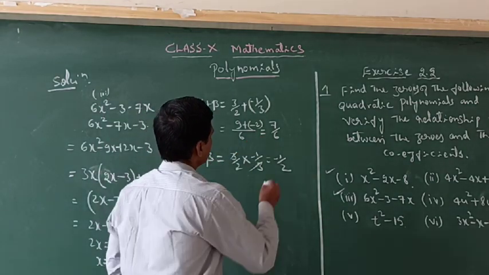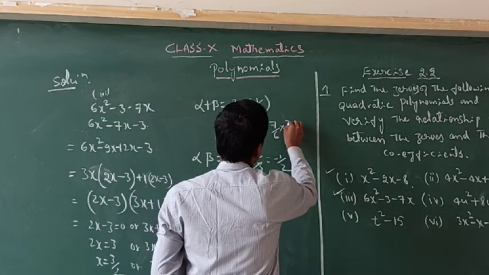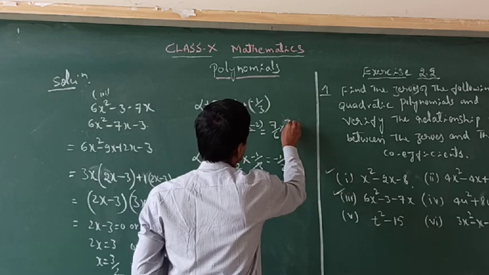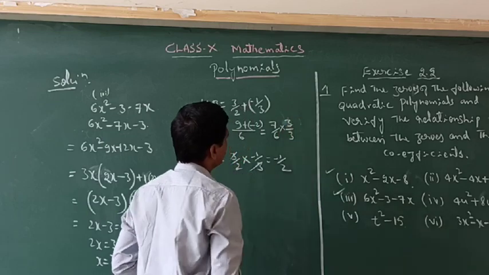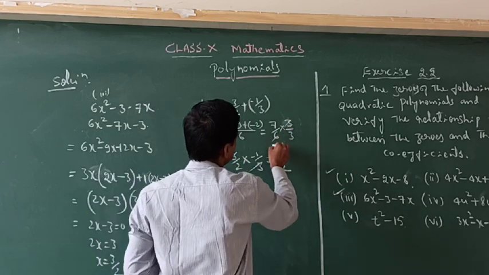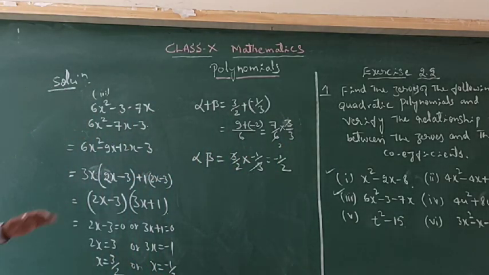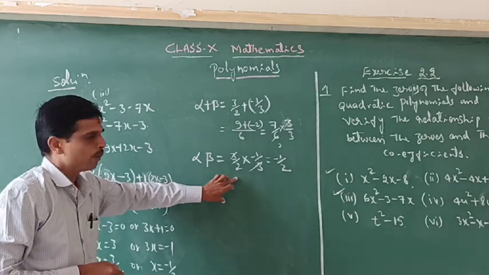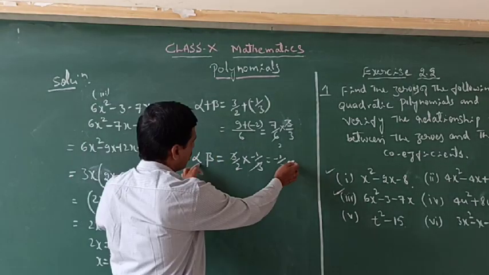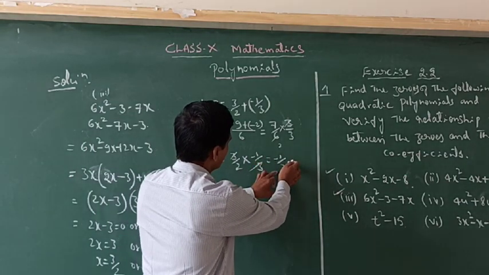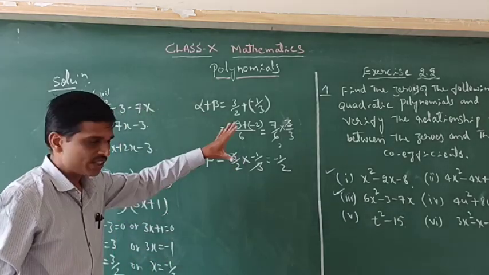So based upon this we can correlate the problems. In the same way, alpha beta is equal to minus 1 by 2.